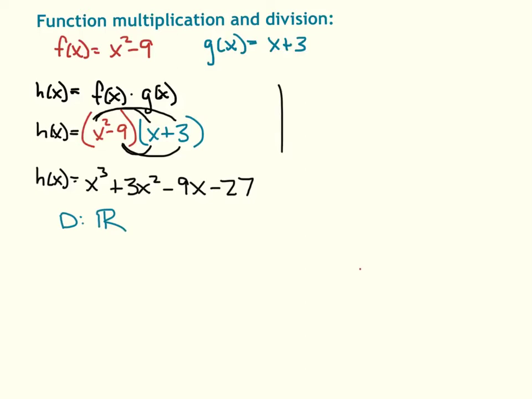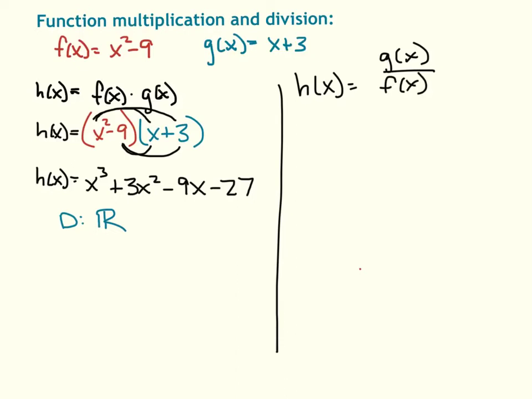Okay, so if I said h of x is made by taking g of x and dividing it by f of x, that would be h of x is equal to my x plus 3 divided by x squared minus 9. Now, I have to think, can I cancel anything since we're dividing?